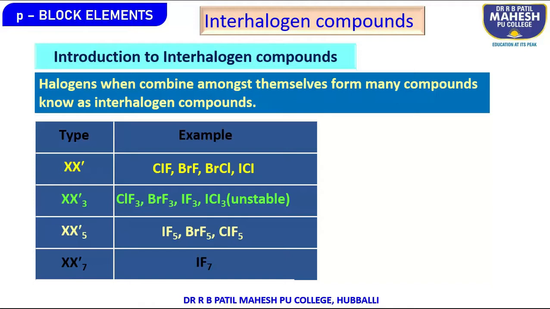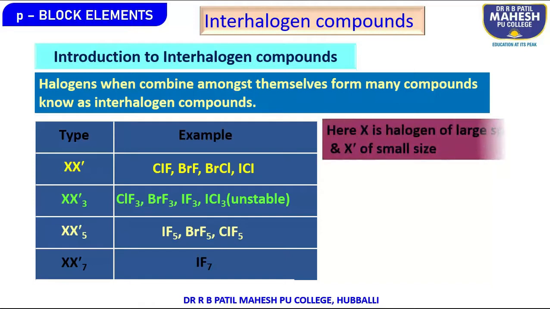For example, XX7 dash is possible only in the case of iodine fluoride, in which fluorine is highly electronegative and iodine is least electronegative. Students, here X is a halogen of larger size and lower electronegativity, whereas X dash is smaller in size with more electronegativity.